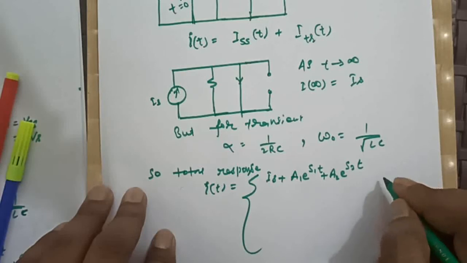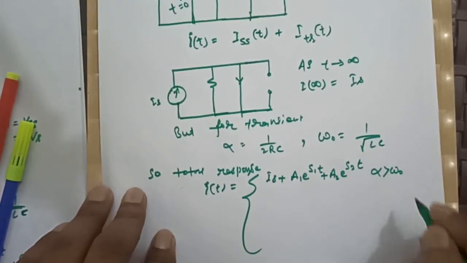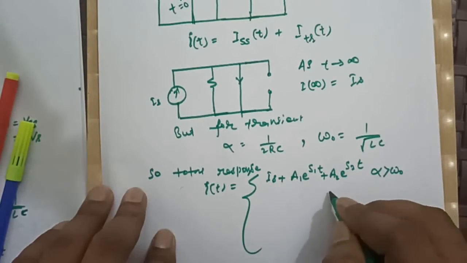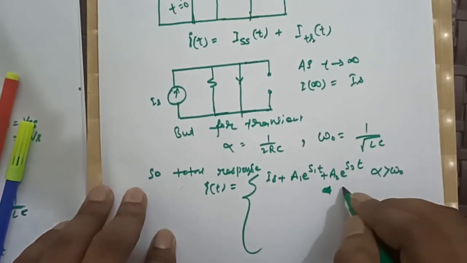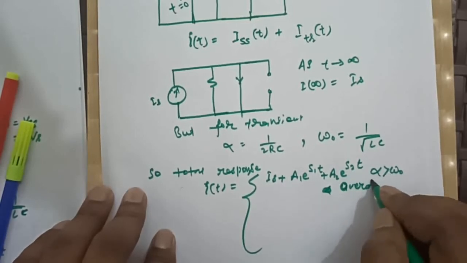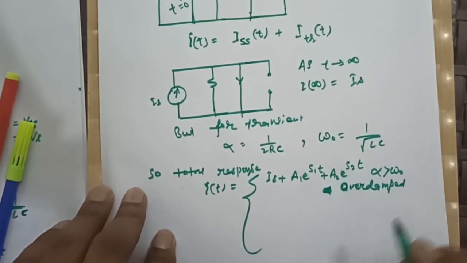For which case? For alpha greater than omega naught, and this will occur when it is overdamped, right?